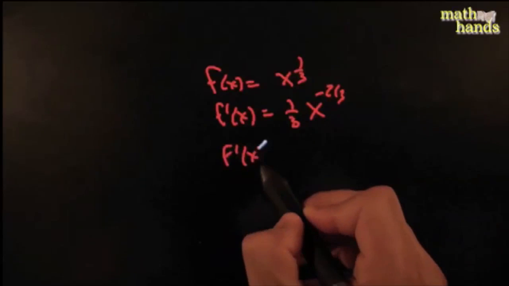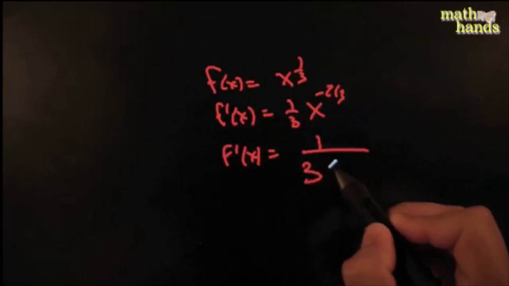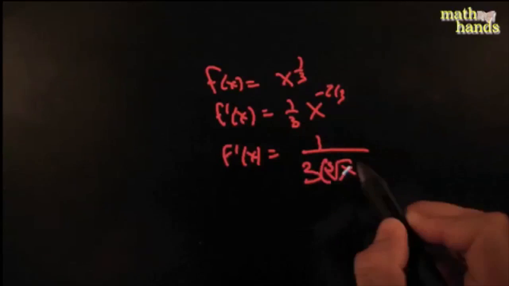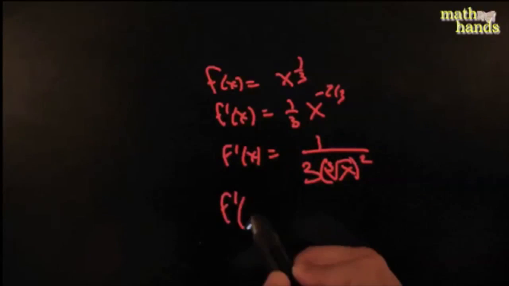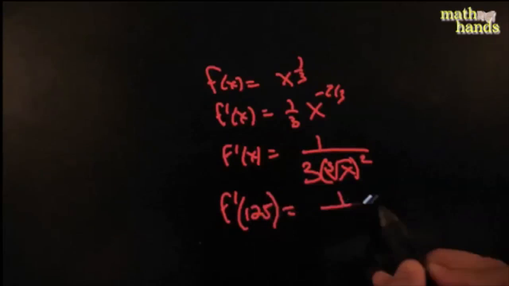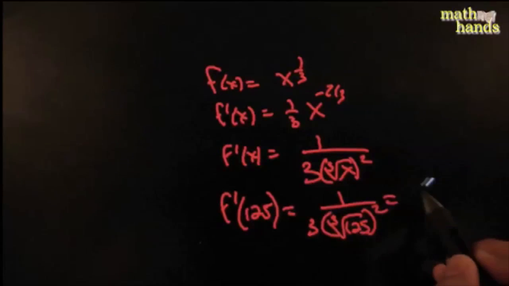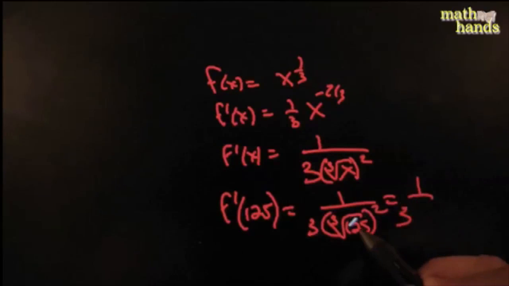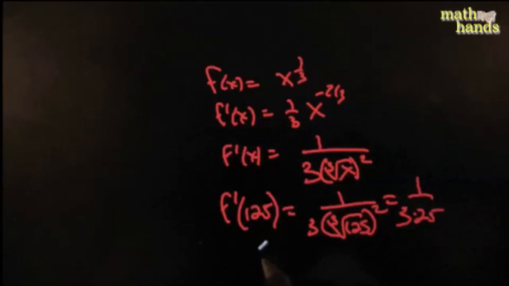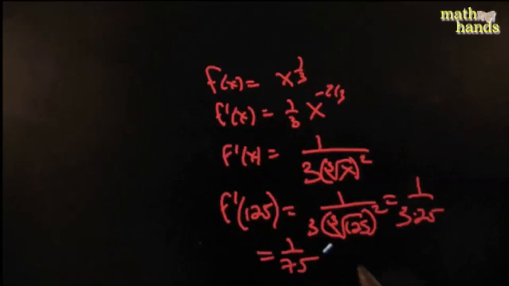Or f prime of x is equal to 1/3 cubic root of x quantity squared. I want to find that at 125. So that would be 3 times the cubic root of 125 squared. I reckon that's 1/3. Cubic root of 125 is 5. 5 squared is 25. I reckon that's 1/75.